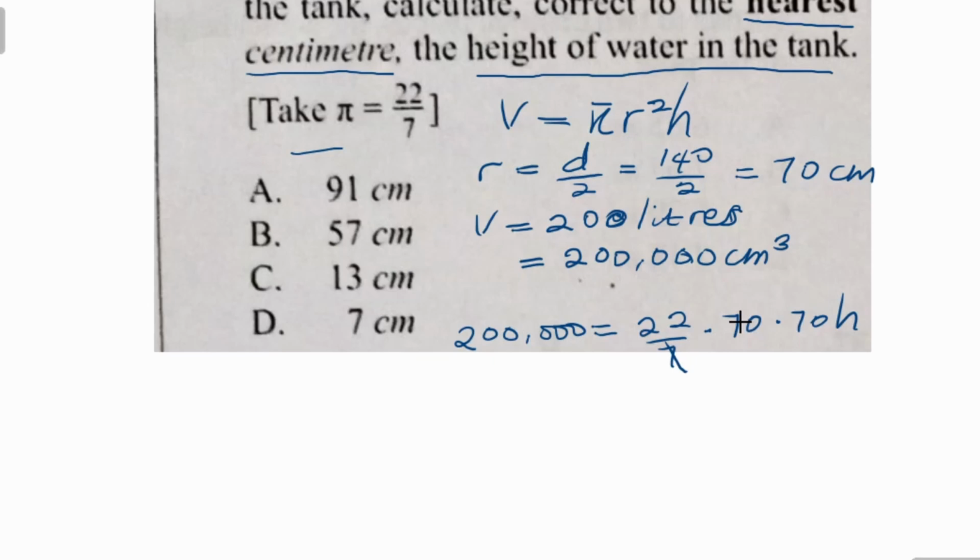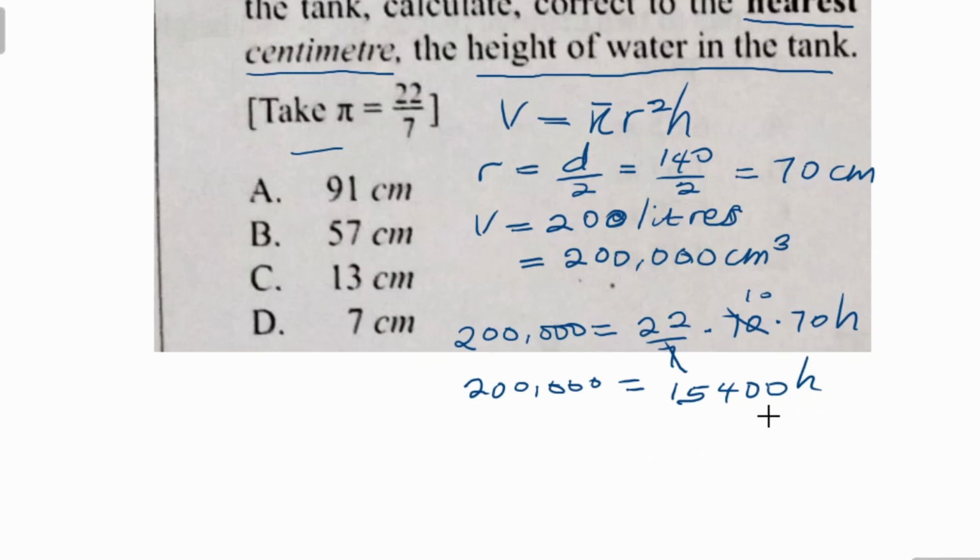And this 7 will divide the 70 here 10 times. And solving further, we are going to have 200,000 equals 22 times 10 times 70, which is 15,400. Don't forget to bring your h.